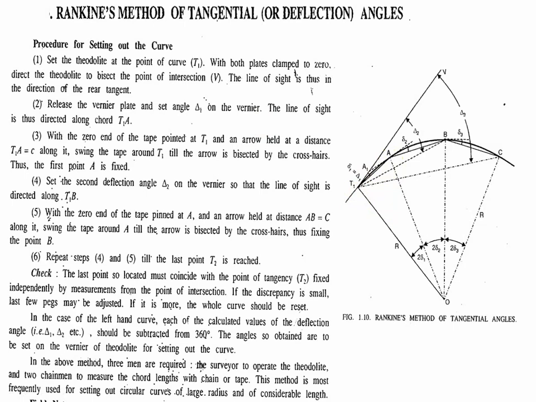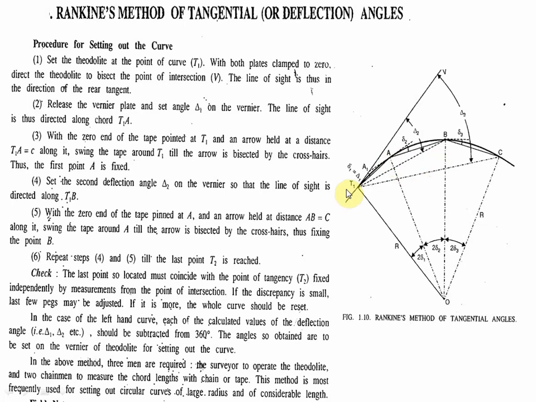Next, keep the zero end of the tape at the point T1, and holding the tape at the distance T1A, that is the first chord length, hold the arrow at that distance. Just swing that arrow till it is bisected by the crosshairs from T1. Where it is bisected, at that point fix the point A.